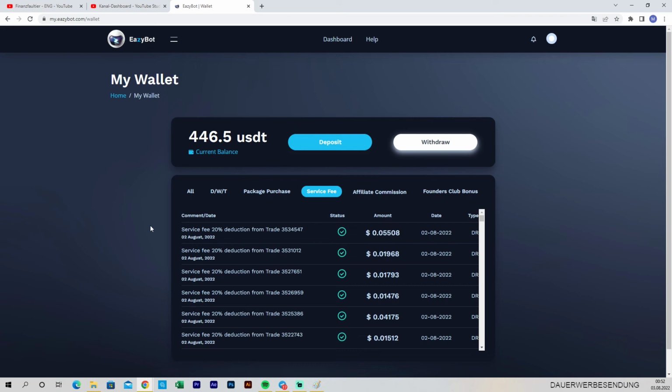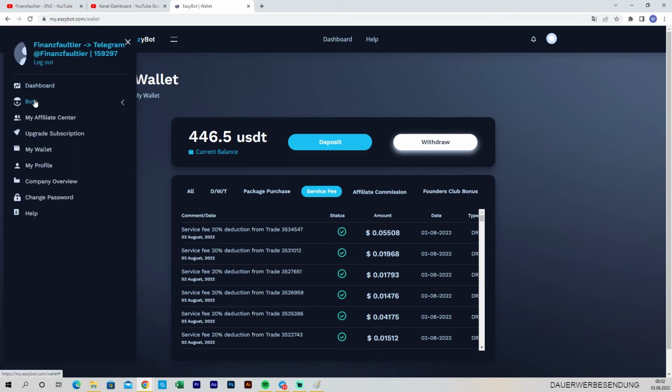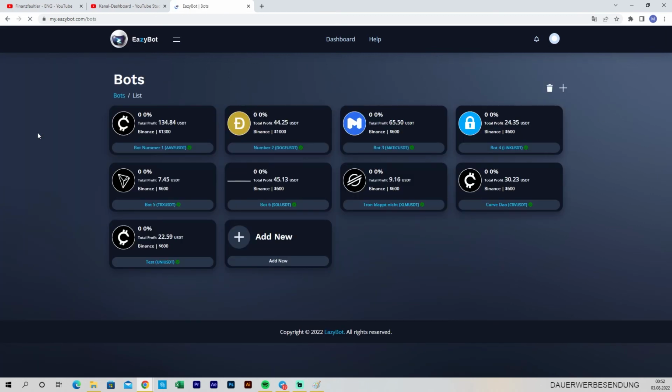I think Eazybot is an amazing tool. Again, I can just show my results. I also have $6,500 now in my Binance account and trade with it. You see it here: 1,300 for Aave, 1,000 for Doge, 600 for Matic, Link, CurveDAO, Stellar, Solana, Tron, and Uniswap. All have $600 connected to them.